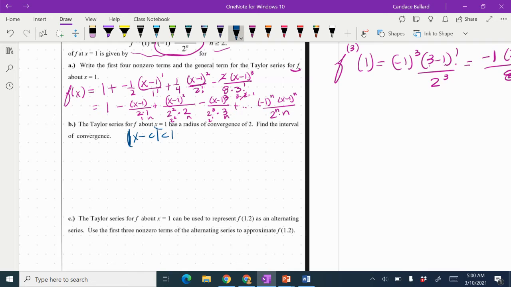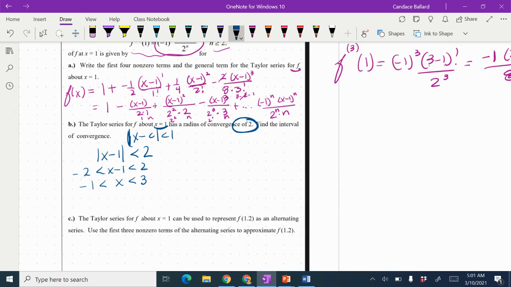In this case, our c value is 1, so it's the absolute value of x minus 1, but we already know the radius of convergence is 2, so we say it's less than 2 instead of less than 1, so that the length of our radius comes out correct. I'm going to split that up into -2 less than x minus 1 less than +2, and then add 1 to both sides, which gives -1 less than x less than 3. So there's my interval of convergence.